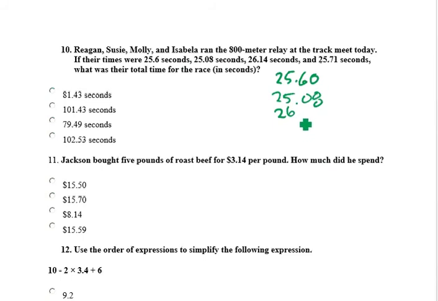So I like them all to have the exact number of significant digits here. 25.71. Okay, now it's time to add. 0, 8, and 4 is 12, and 1 is 13. Carry the 1. 1 and 6 is 7. 8. 8 and 7 is 15. 5. Bring my decimal straight down.